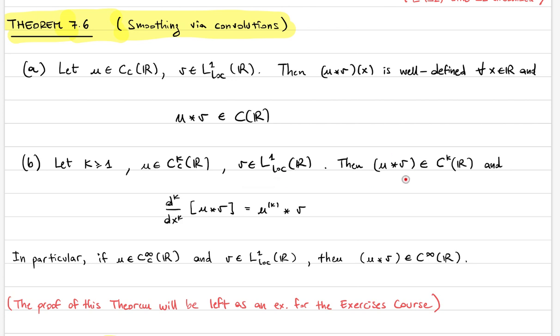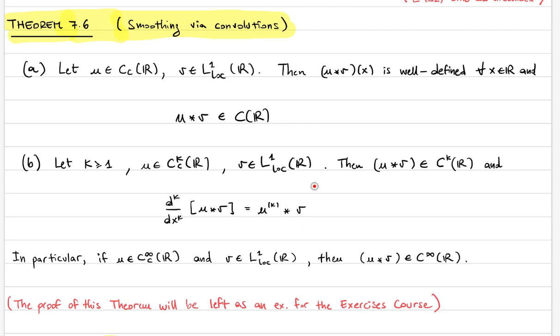Then the convolution belongs to C^k, so the convolution is k times continuously differentiable, and the derivative is given by this formula: the convolution between the k-th derivative of u and v.